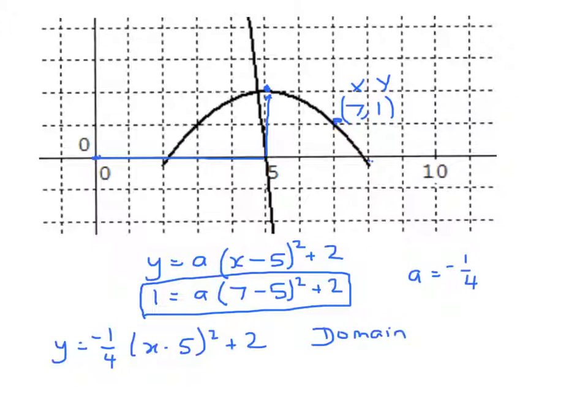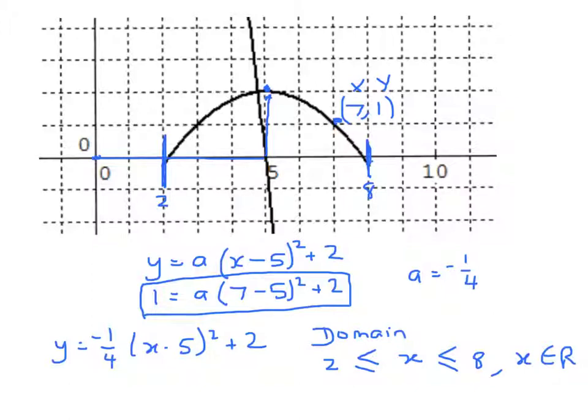So my domain, the x values extend from where x is 2 to where x is 8. So x is greater than or equal to 2, less than or equal to 8. So that's my domain. And I can also say x is an element of real numbers.